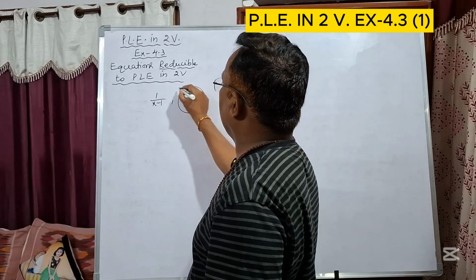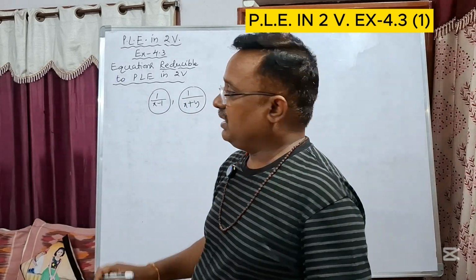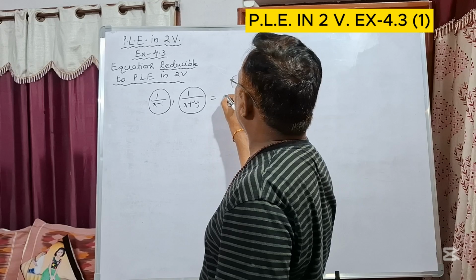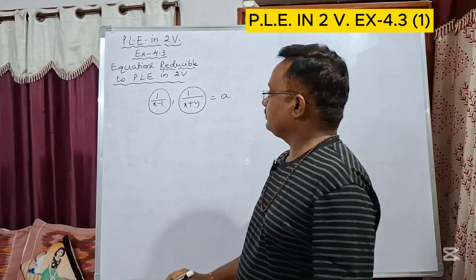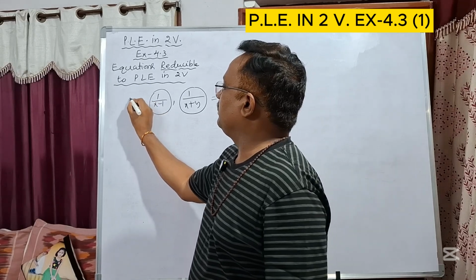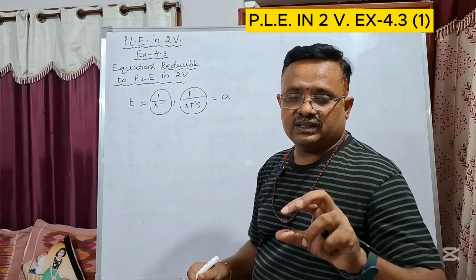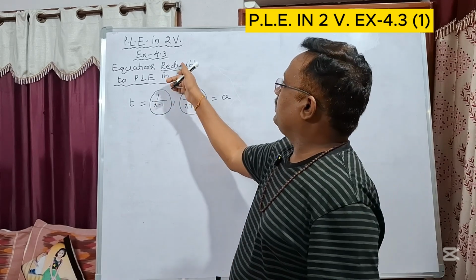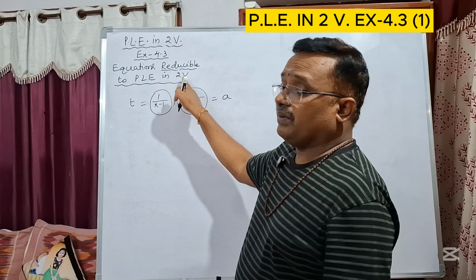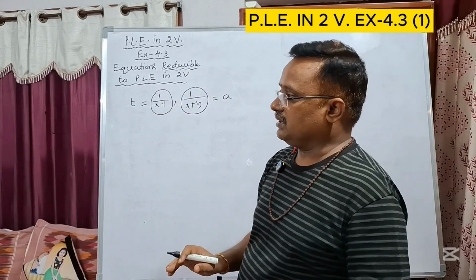These type of terms which are there in the original equation have to be considered in some other variable form. Understood? Then the given equations will be reducible into our required pair of linear equations form. So that is the conversion.